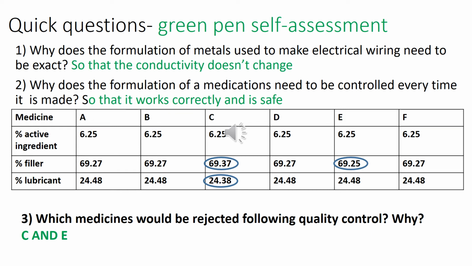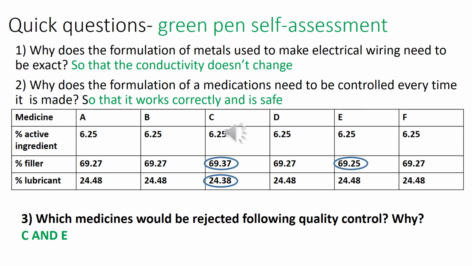And the answer for question number 3 is C and E. So if you look at your result table, the percentage of filler for C and E is out of the pattern. It doesn't fit the pattern. So for the rest of the medicines it is 69.27, apart from C and D, which show 69.37 and 69.25. And the percentage for lubricant for C also doesn't fit the pattern, which is 24.38, where it is meant to be 24.48.